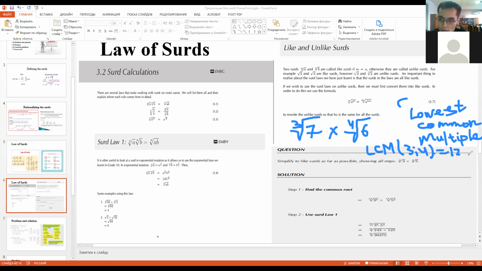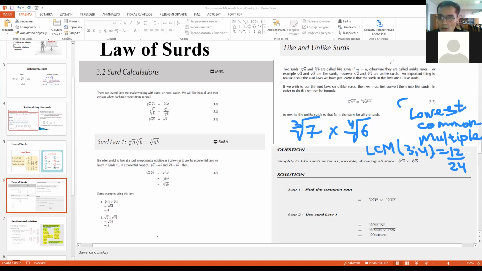You remember this operation, lowest common multiple. This is called lowest common multiple because this number is divisible by 3 and 4. And 24 is also divisible by 3 and 4, but it's not the lowest. You understand? That's why we call this lowest, and this common, and this multiple of 3 and 4. Keep this in your mind.